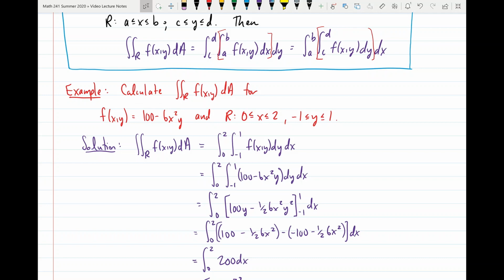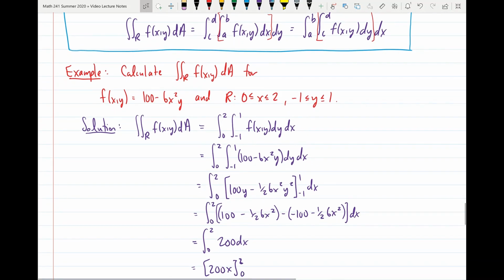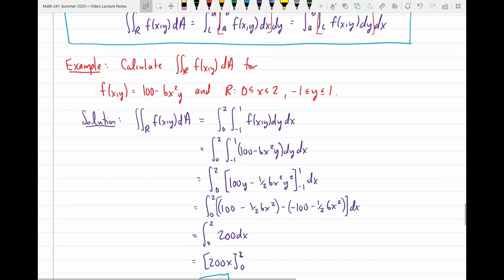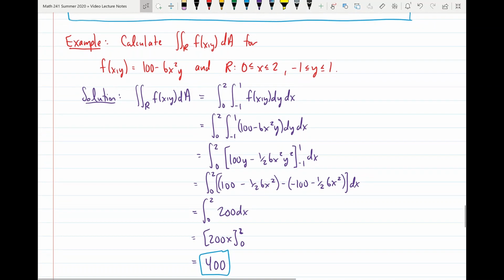Okay, and finally, the last thing to go through for the video is just a couple of examples of double integrals. So let's say we want to calculate the double integral of f of xy over the region R, where f of xy is equal to 100 minus 6x squared y, and R is the rectangular region where x is between 0 and 2, and y is between -1 and 1.